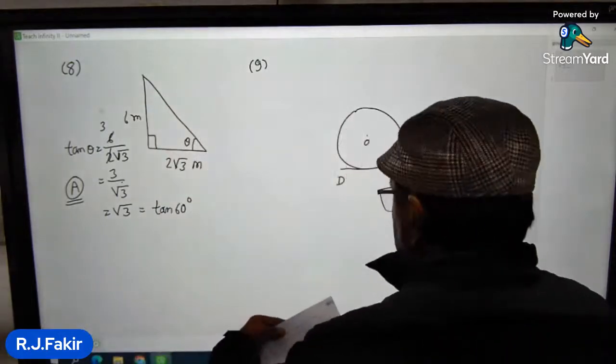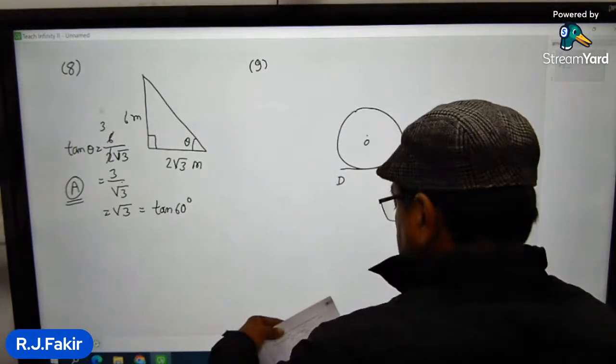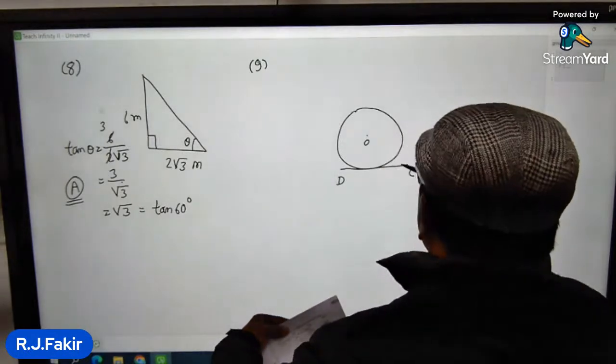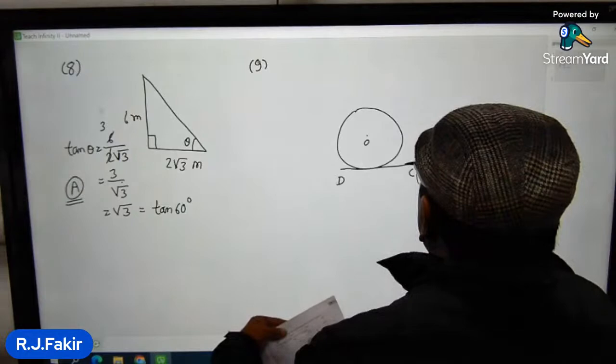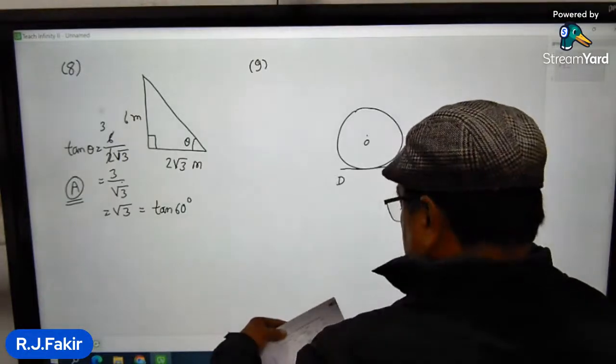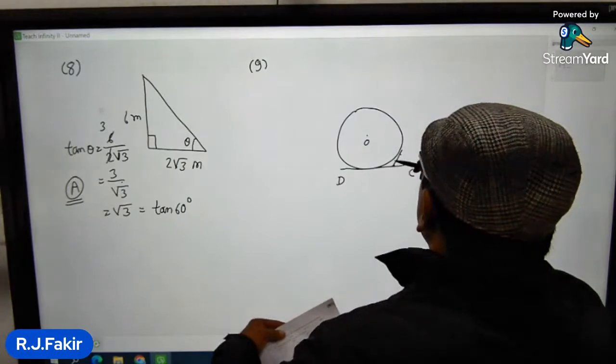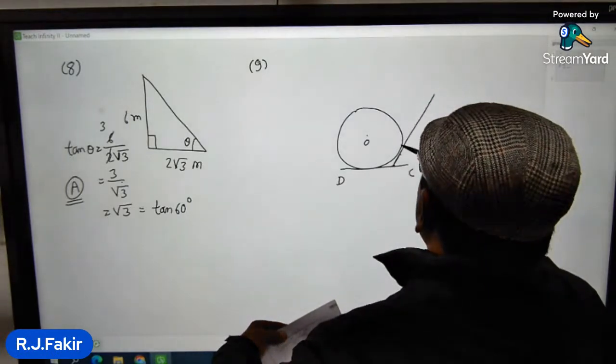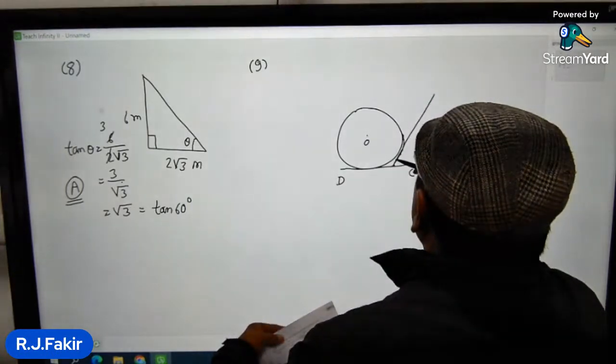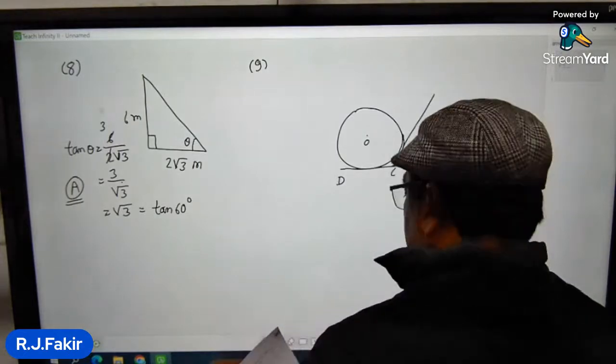Then another tangent. This C point should be somewhere here. This is C point. We can remove this one.